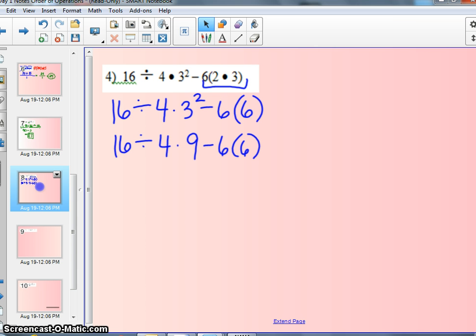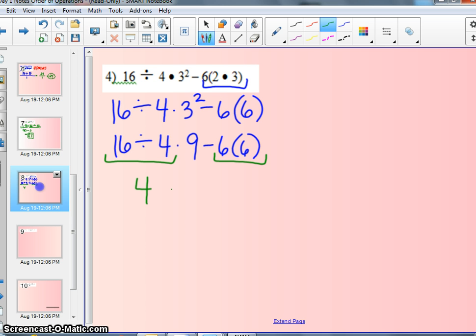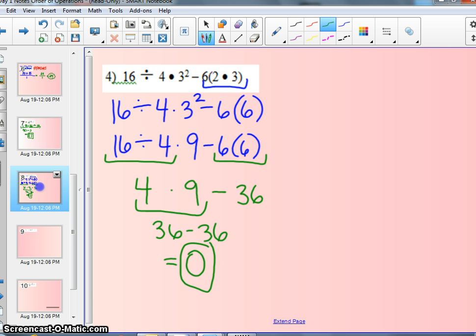So here's a great example of where the division is before the multiplication, but we'll still work it from left to right. So 16 divided by 4 is 4 times 9 minus, I'm going to go ahead and multiply those, 36. And now I can multiply these two together. 36 minus 36, which is 0.